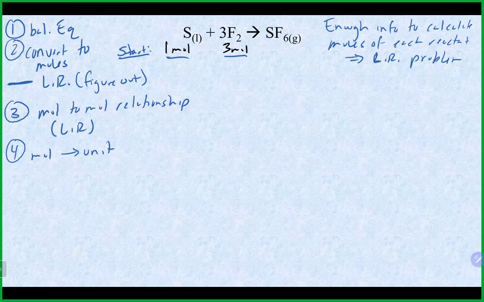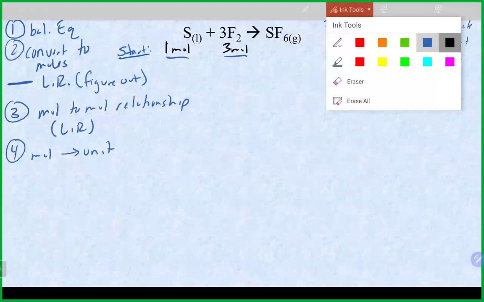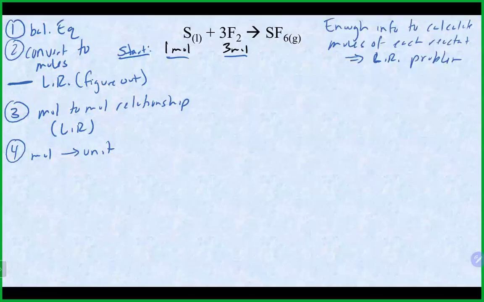You cannot just look at the moles of each and know which one is by the smaller number. So you should not just look at it and go, oh, that's a smaller number, that's going to be the limiting reagent. Doesn't necessarily mean it won't be, but you actually have to verify it through some type of calculation. All right, so no matter what method you choose to use, they're all pretty much the same to begin with.